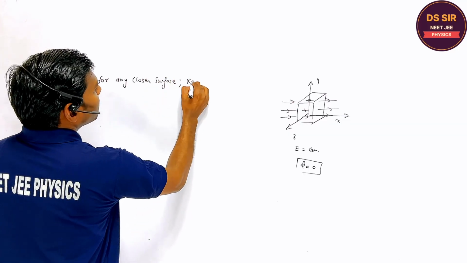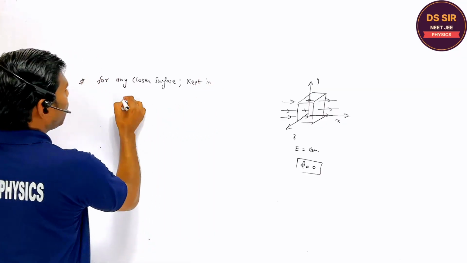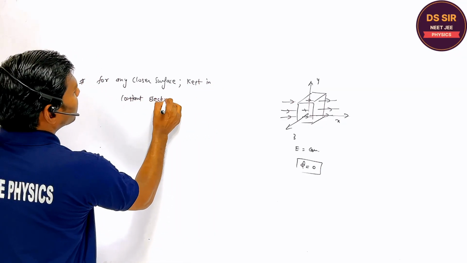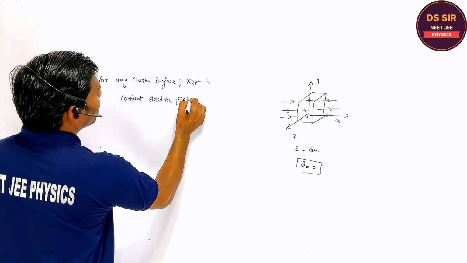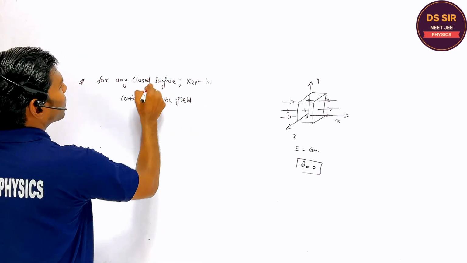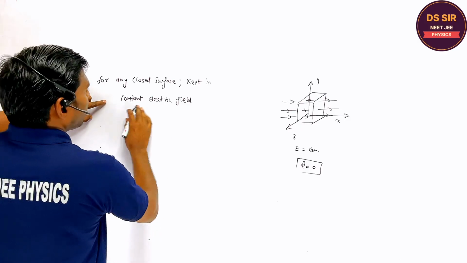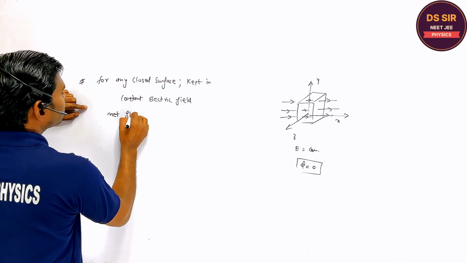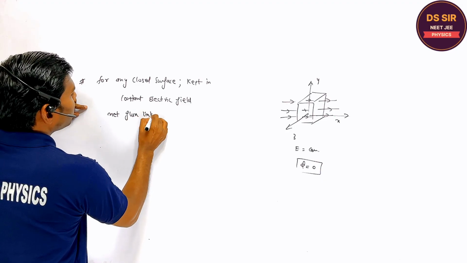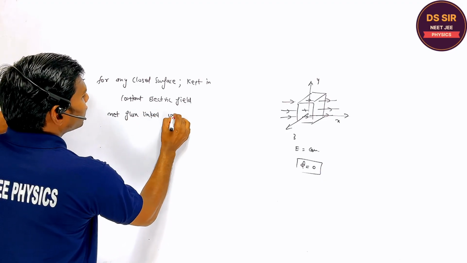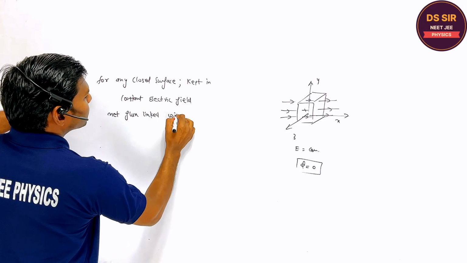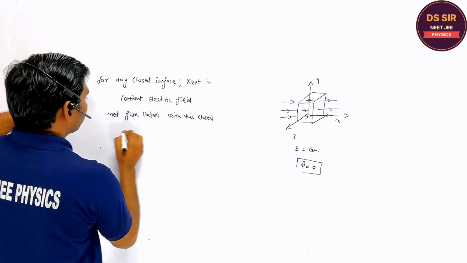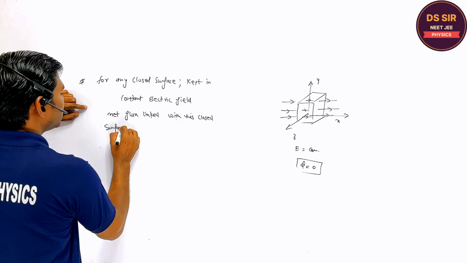Not only for this cube, rather for any closed surface kept in a constant electric field, the net flux linked with this closed surface is 0.